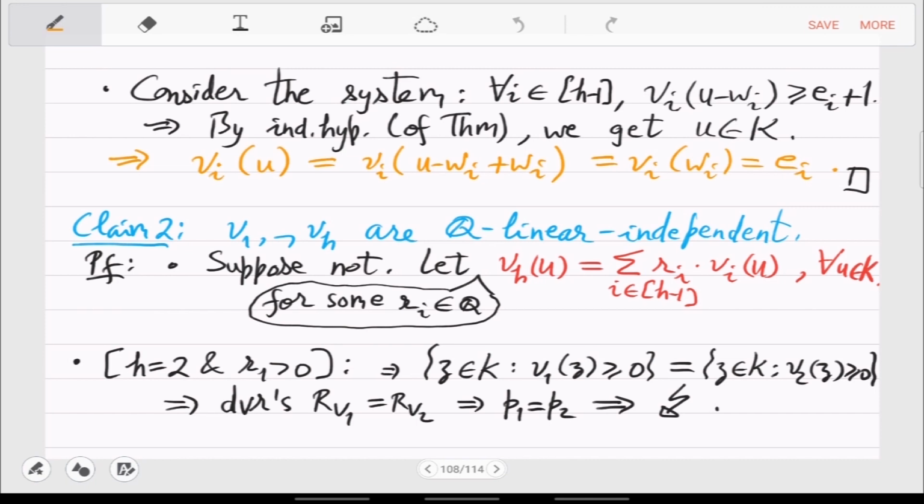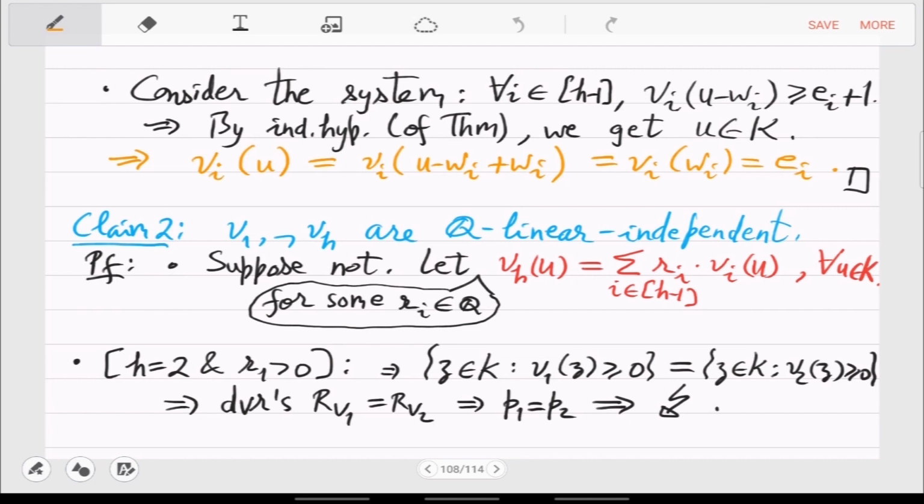But we haven't shown the induction step yet. So you want to get to H now from H minus 1. For that we'll actually do many things, but the first thing we did is claim 2, showing that the valuations are always independent. Suppose not, so for the sake of contradiction we have this dependence: VH on every u is equal to a linear combination of Vi(u) for the same ri's.